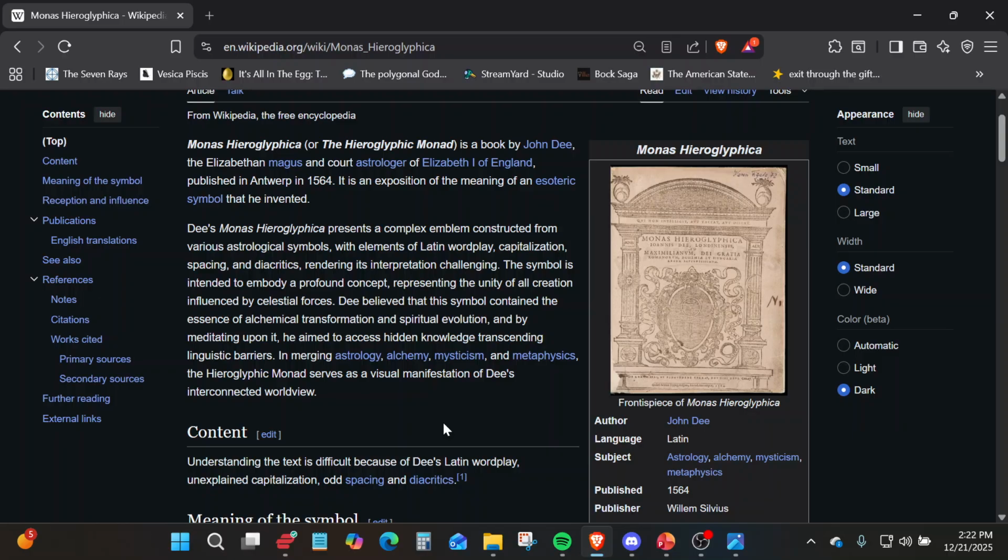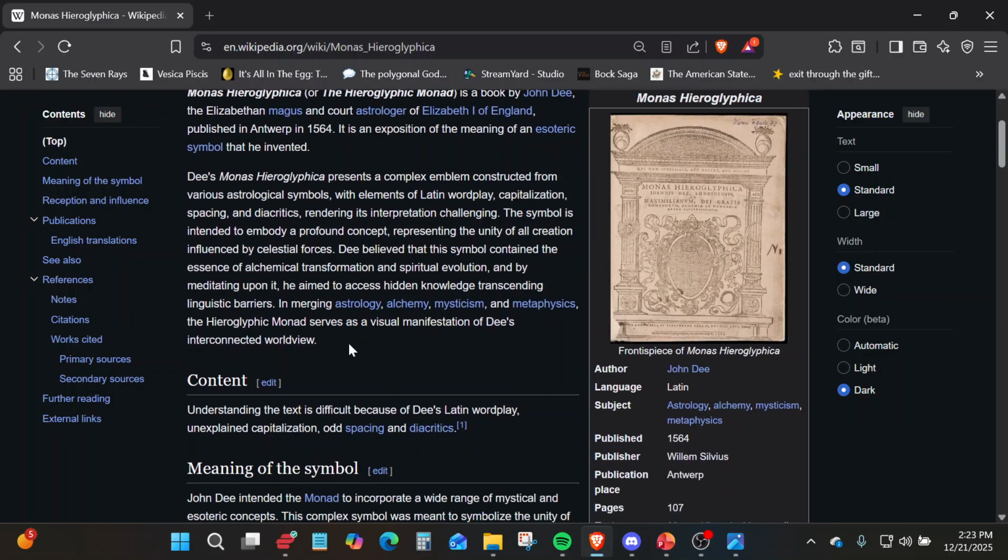Now, that meaning at the time was probably only understood by the Queen and John Dee and maybe a handful of people in between, and who knows if these people were even real or not. It's 500 years ago. You can try and claim they're real in historical records, etc. Beyond your actual lived experience here, it's going to be very hard to do that.